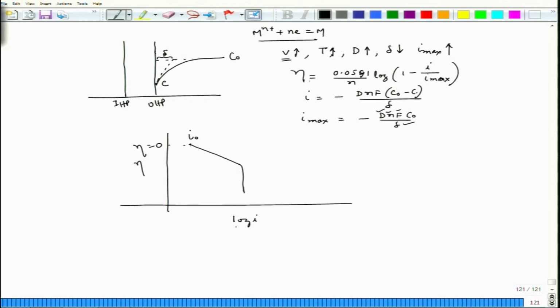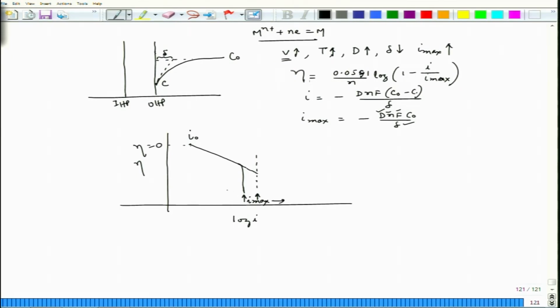Now, as I max is increasing, that suggests that I max would go to the right direction. So now I max would appear at a new position. If this is my I max, then this activation polarization would still extend till I max is reached in the second case.